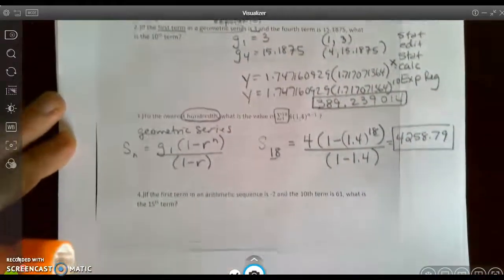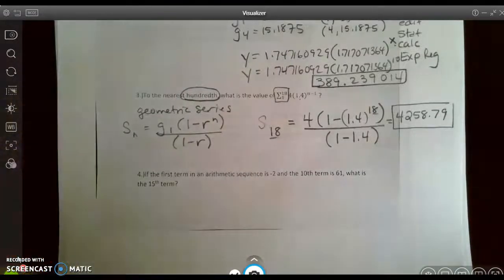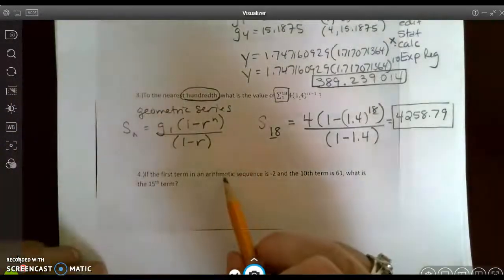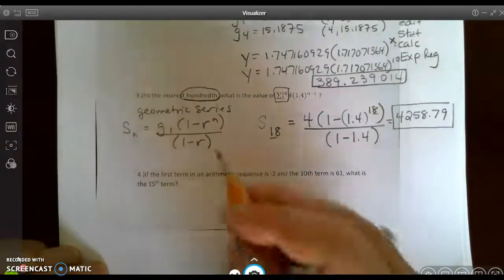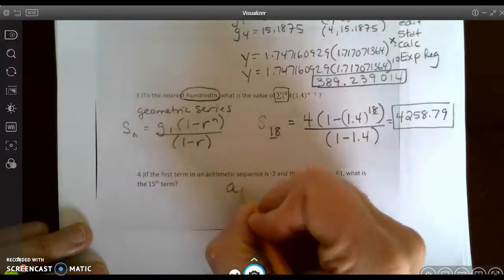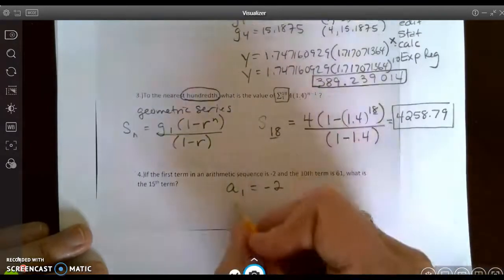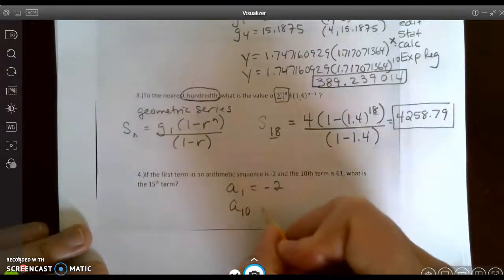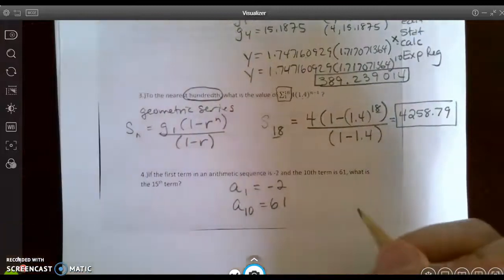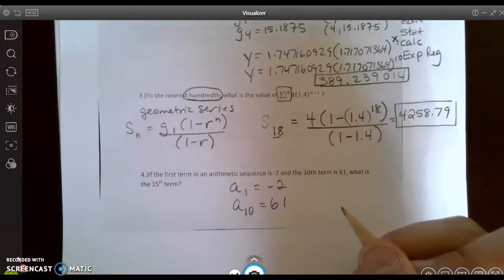Okay, let's go to number 4. If the first term in an arithmetic sequence is negative 2, so a sub 1 is negative 2, and the 10th term is 61, a sub 10, 61. What is the 15th term?